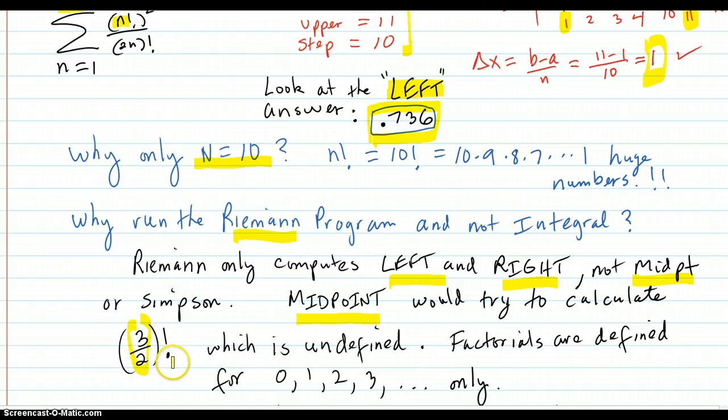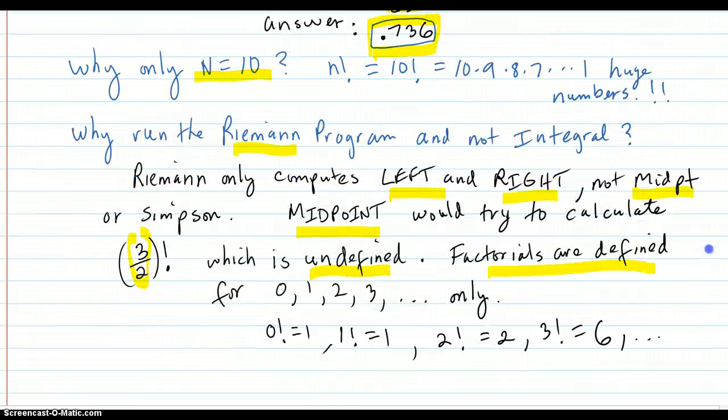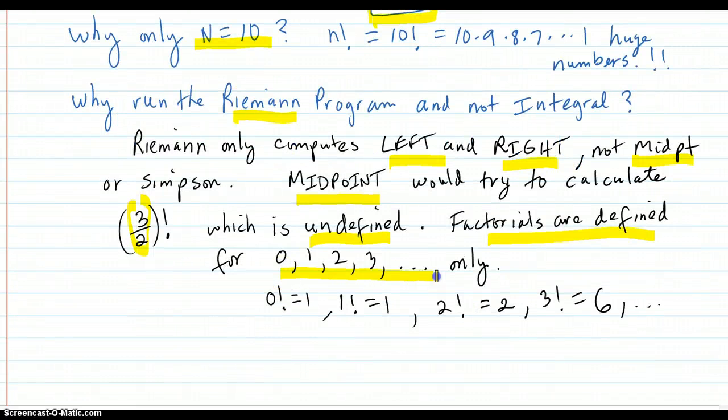It would put 3/2 factorial, and it would stop right there and gripe, because that would be undefined. Factorials are defined on the 0, 1, 2, 3 positive integers plus 0. 0 factorial is 1, 1 factorial is 1, 2 factorial is 2 times 1, which is 2, 3 factorial is 3 times 2 times 1, which is 6, and so on.